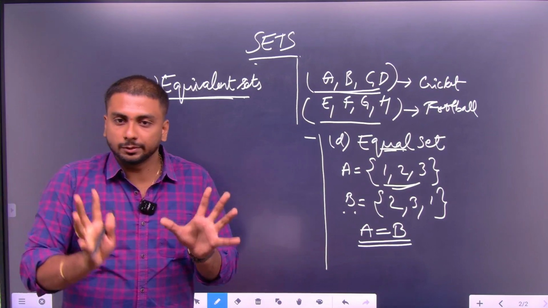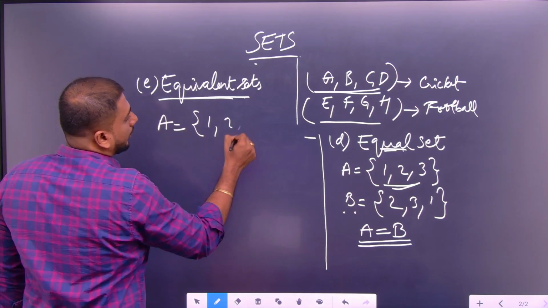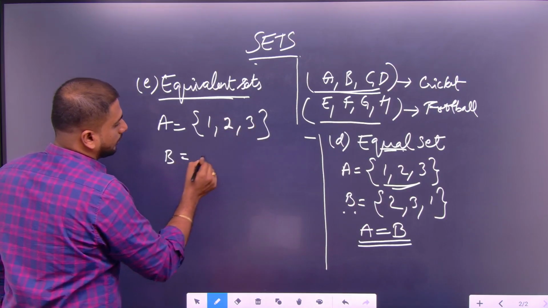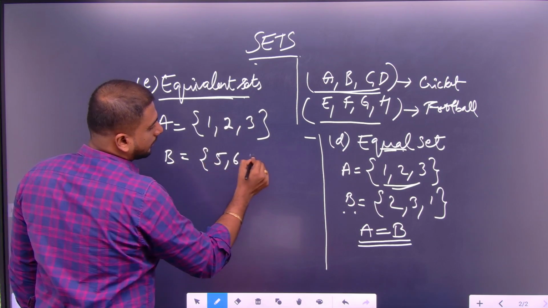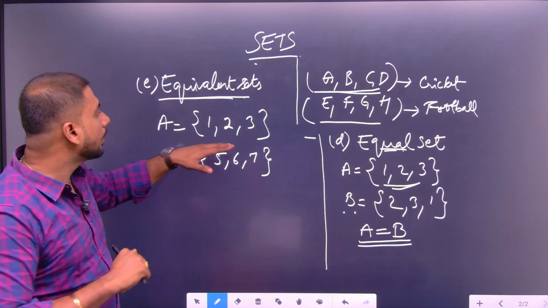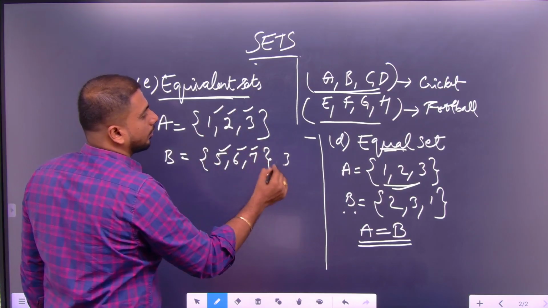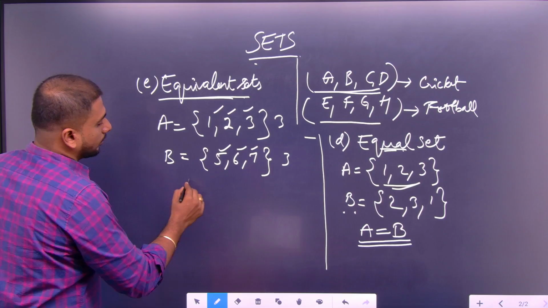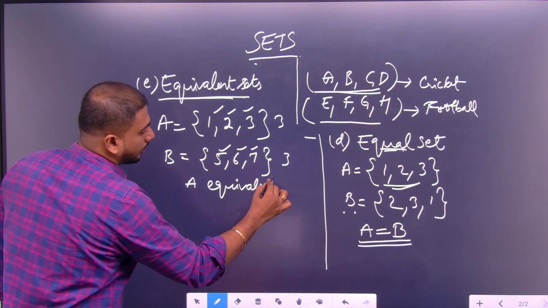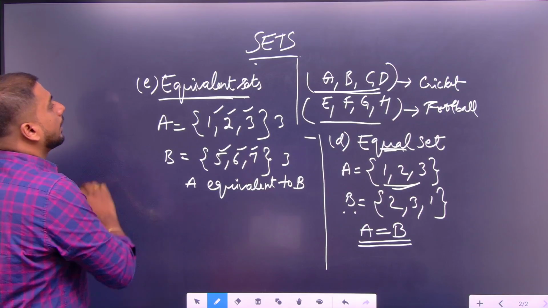For example, let's take A is equal to 1, 2 and 3, and B is equal to 5, 6 and 7. These both are equivalent sets because the number of elements inside each is 3. So A is equivalent to B.